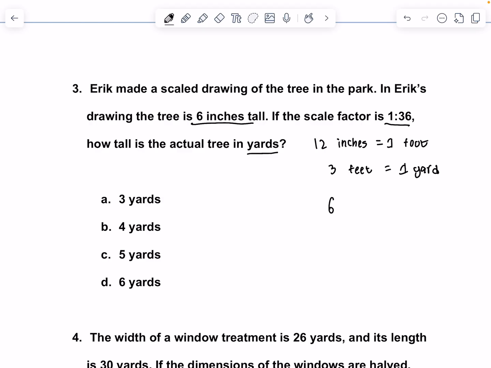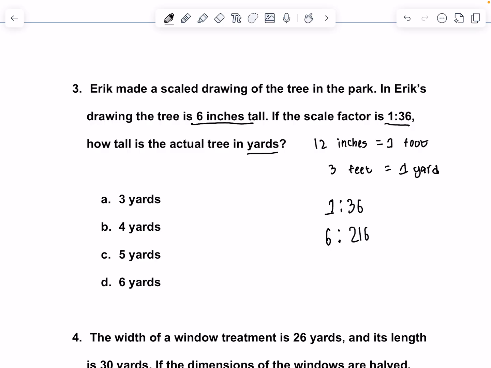If the scale factor is 1 to 36, and we know that we have 6 inches, that means we will multiply by 36. 6 times 36 would be 216.